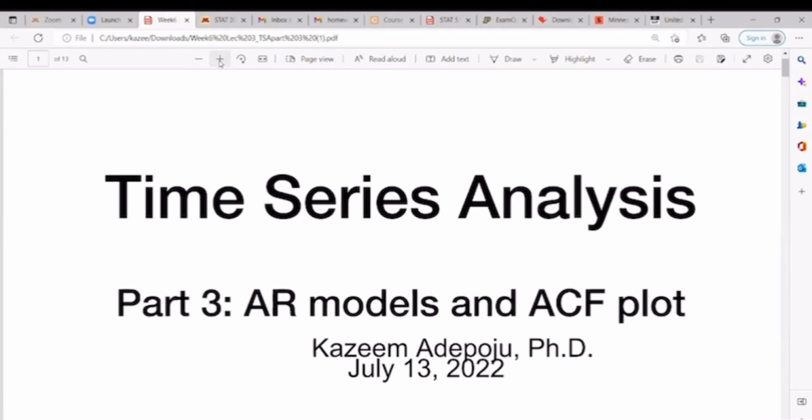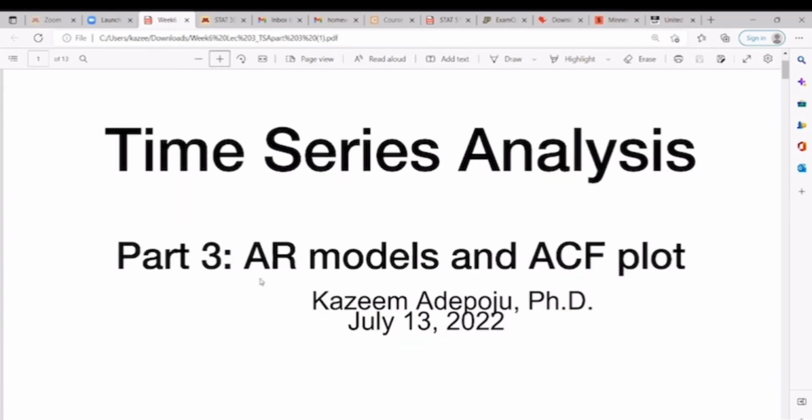That is the reason why I'm calling this part 3. The focus today will be on AR models and ACF plots. What do we mean by AR models? That's autoregressive model. And what do we mean by ACF plot? That is autocorrelation function plots. That is going to be our focus for today.